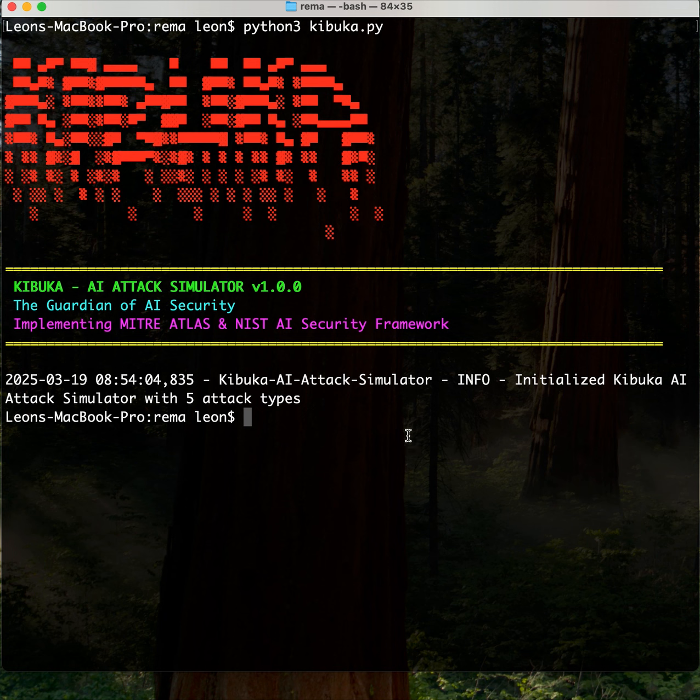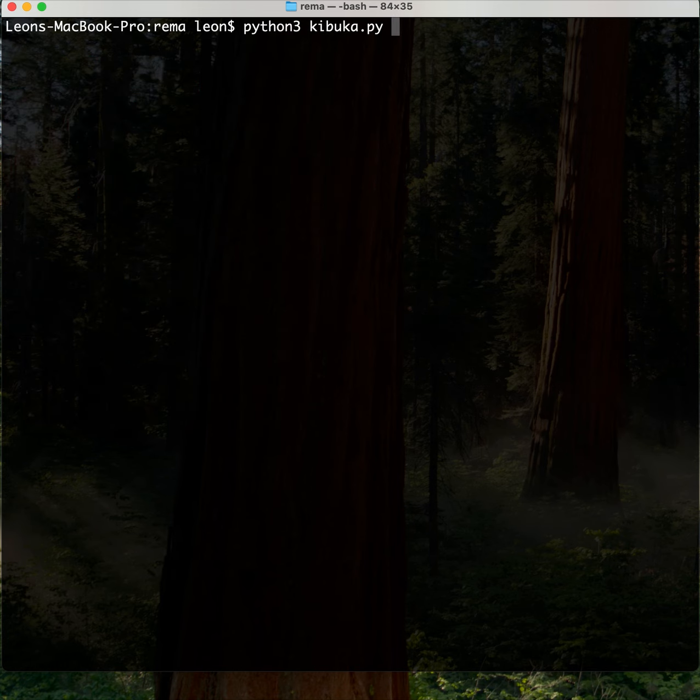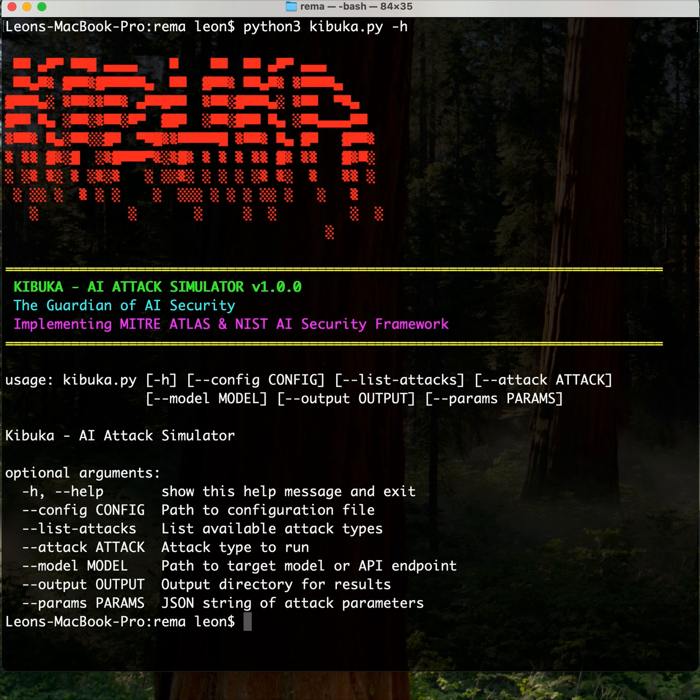So we have five major attack categories with multiple subtypes that we have in AI security. And of course, Kibuka will give you detailed quantitative risk assessments and reports and things like that.